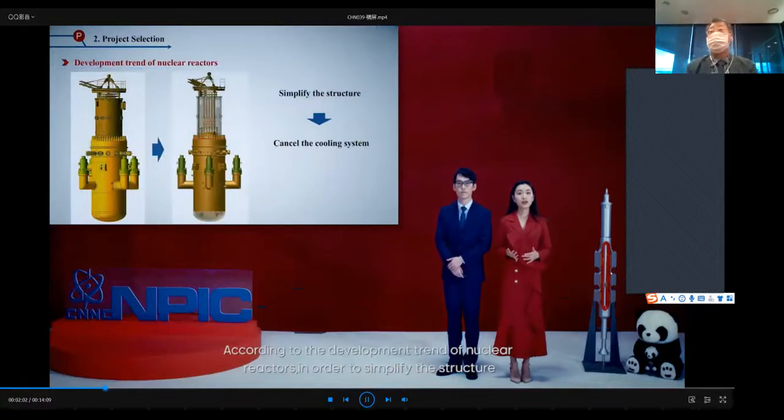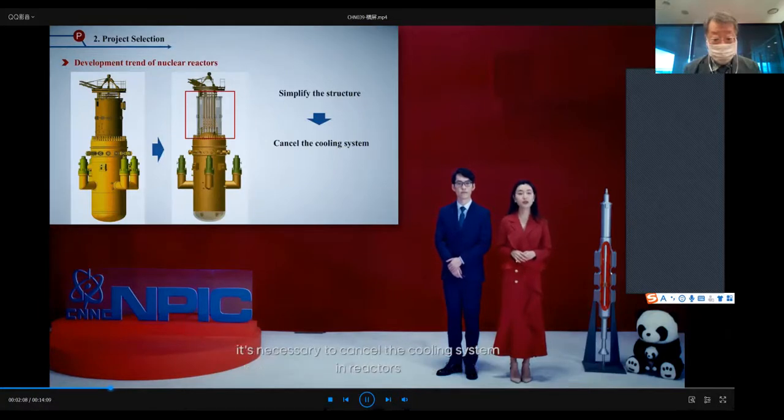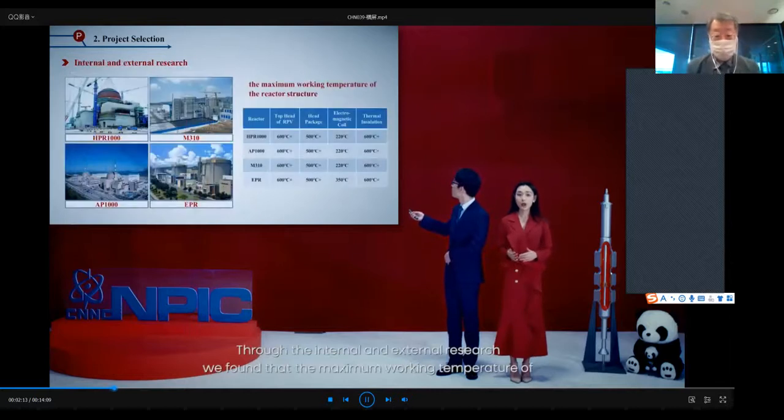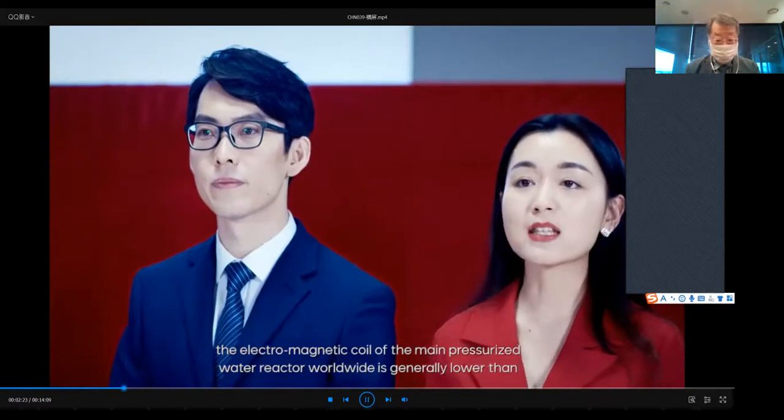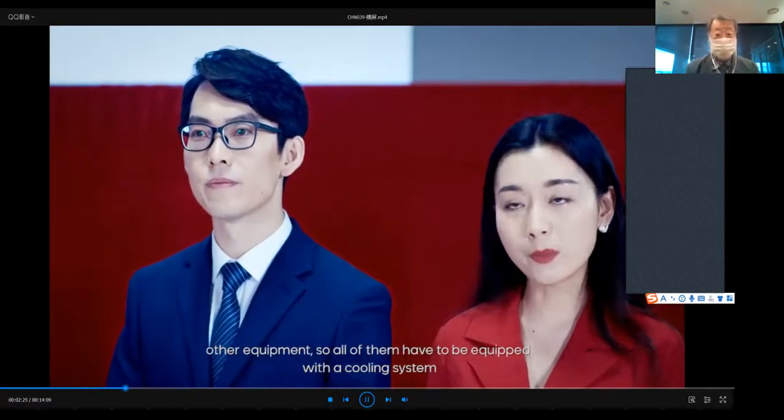According to the development tree of nuclear reactors, in order to simplify the structure, it's necessary to cancel the cooling system in reactors. Through internal and external research, we found that the maximum working temperature of the electromagnetic coil of the main pressurized water reactor is generally lower than other equipment.